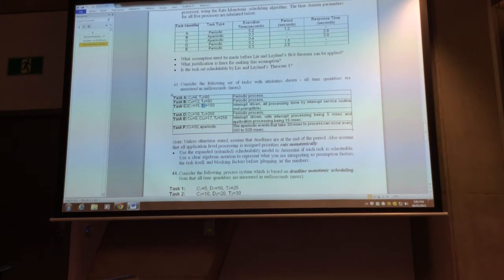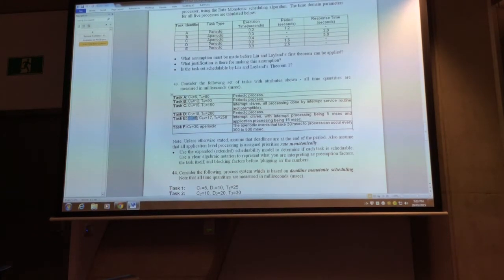So we've got a requirement that the execution time for this task be less than the period plus this blocking factor. That must be less than or equal to 1.